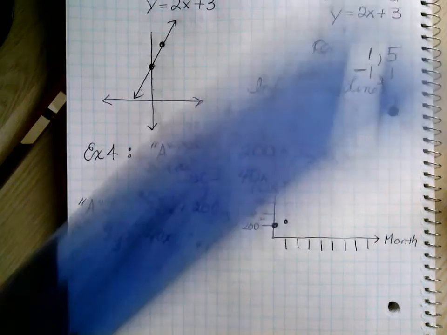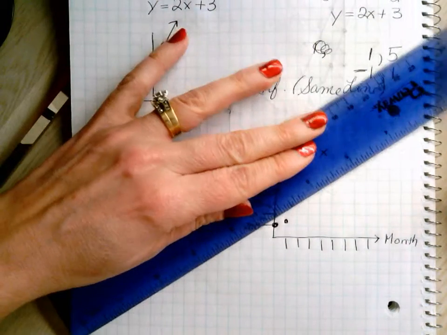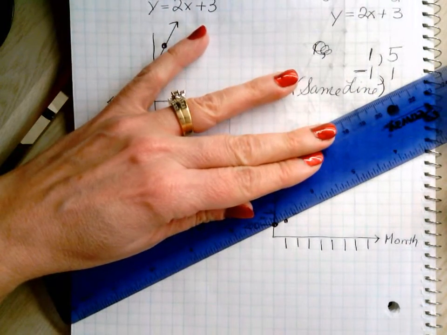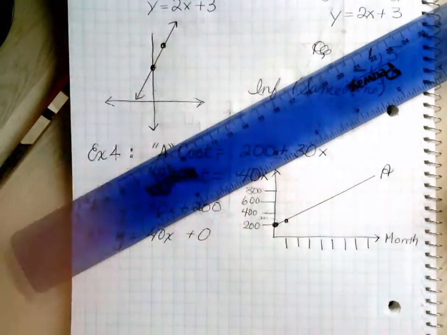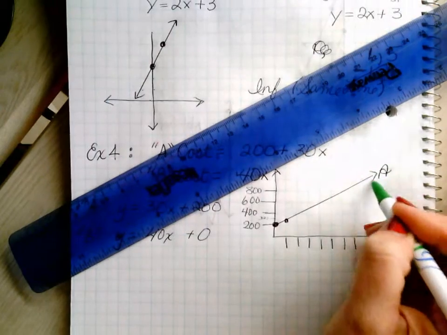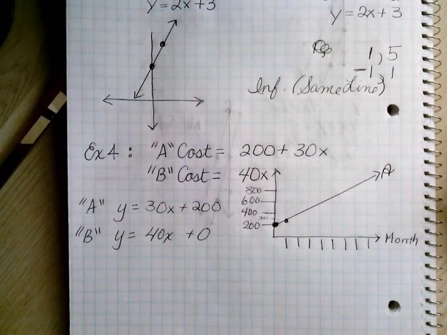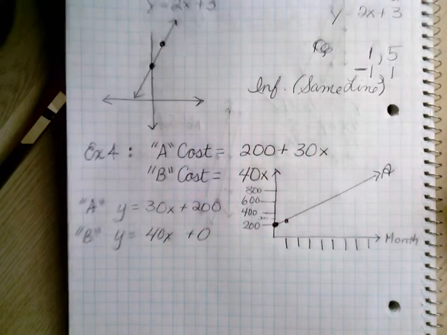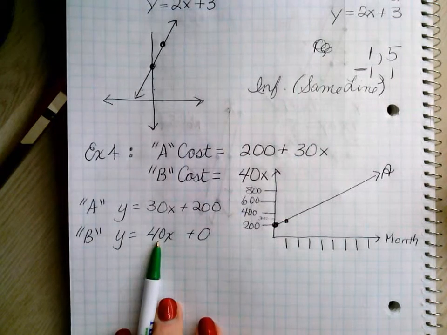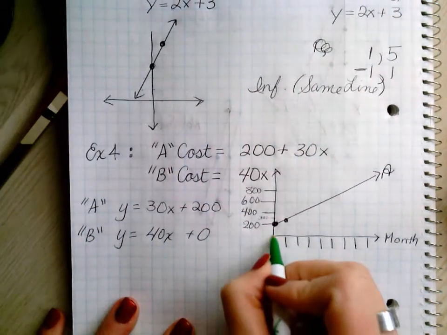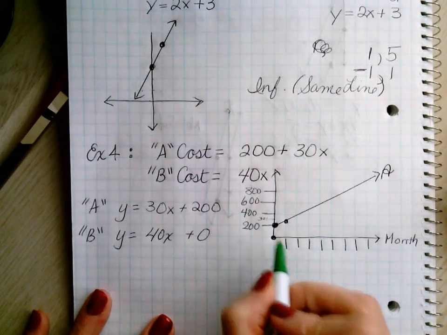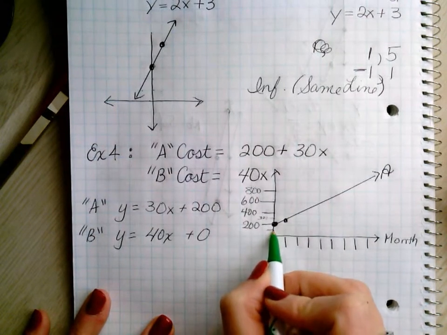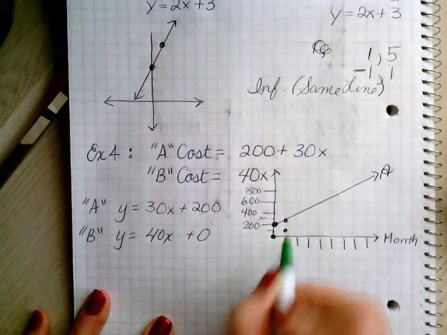All right? This is Plan A. Every passing month, you pay a little more. Plan B, y equals 40x plus 0. So start at 0, there's your y-intercept, and up 40 over 1. So if this is 100, here's 40 over 1. Okay?